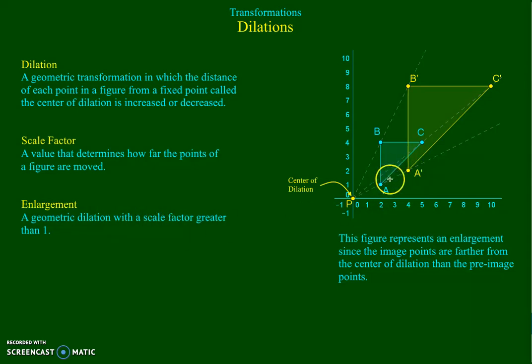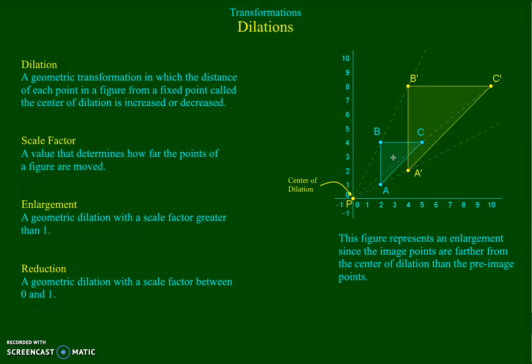In this case, since we have a pre-image that's smaller than the image, this figure represents an enlargement, a dilation with a scale factor greater than 1. A reduction occurs when we apply a scale factor between 0 and 1. So a reduction is where the points of a figure are closer to the center of dilation than the points of the pre-image.